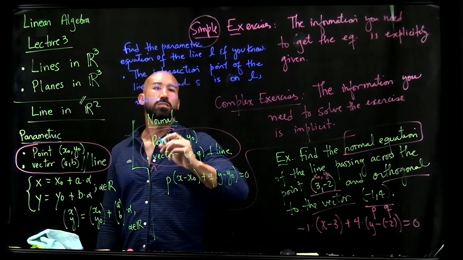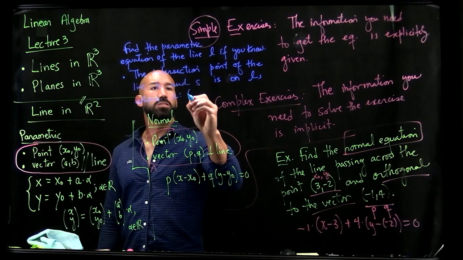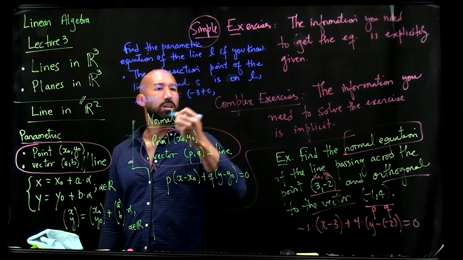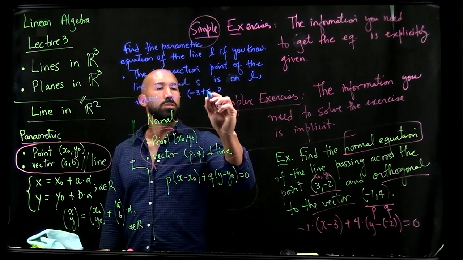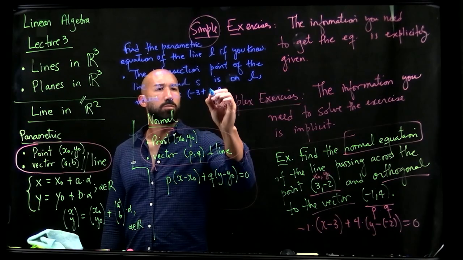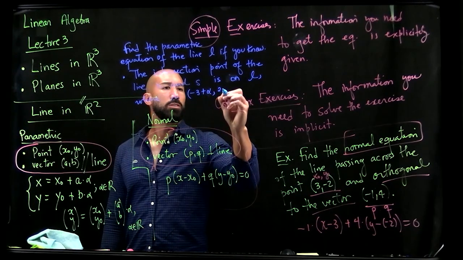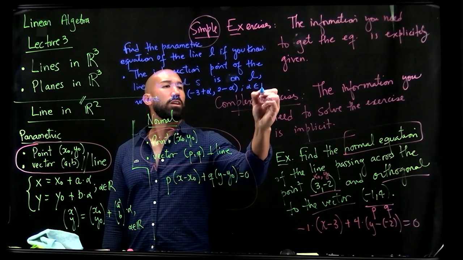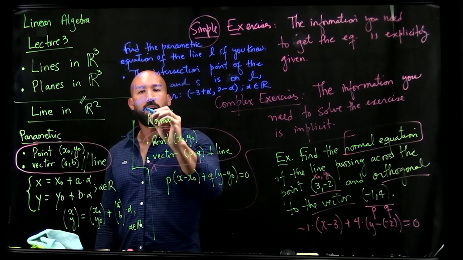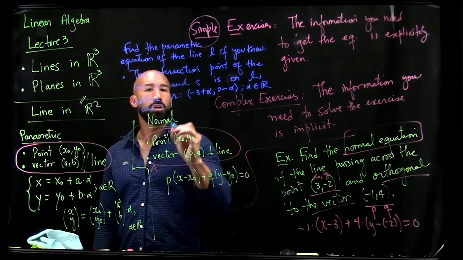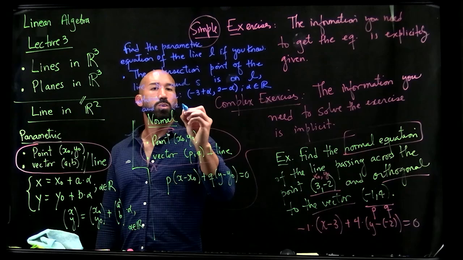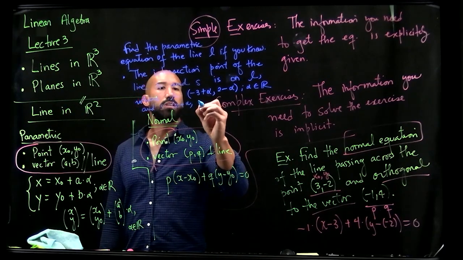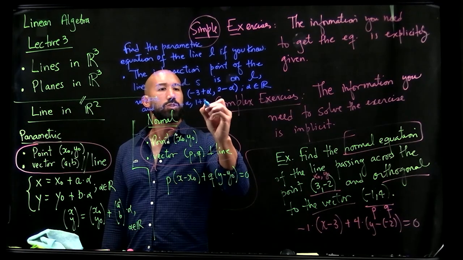R is described by the equation, I'm gonna put it this way, (-3 + alpha, 2 - alpha), where alpha is a real number, and S is described by the equation (2 + alpha, 1 + 3 alpha).